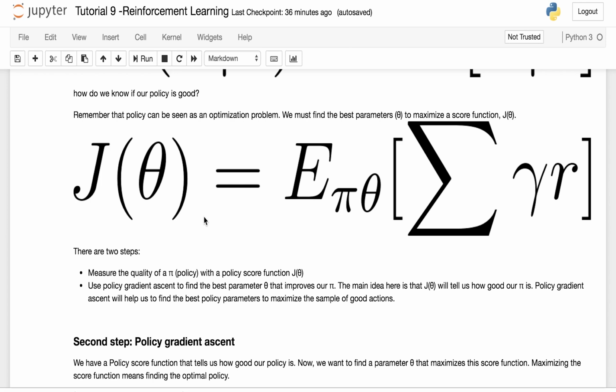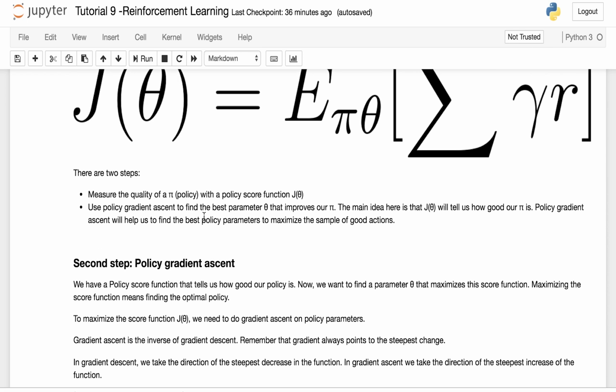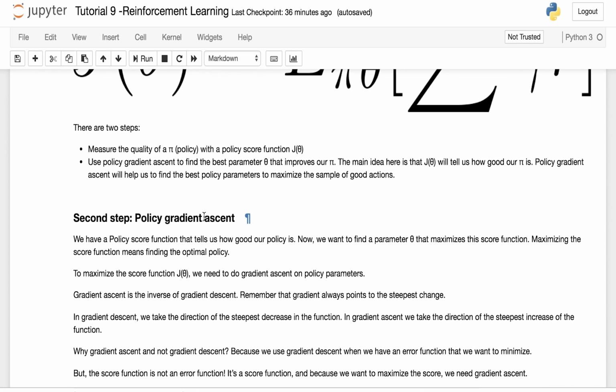So we want to take gradient ascent for maximization of our policy, so that we maximize the sampling of good actions. Is that clear? Great. In the second step we take policy gradient ascent. Maximizing the score function means finding the optimal policy, and to do that we go against the direction of gradient descent.